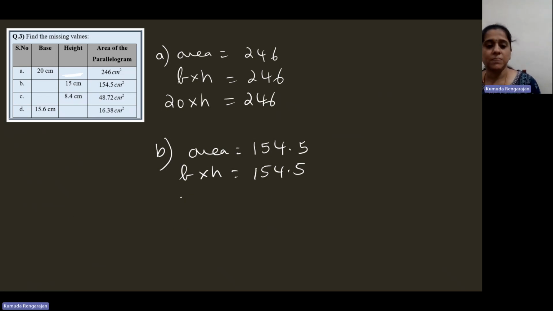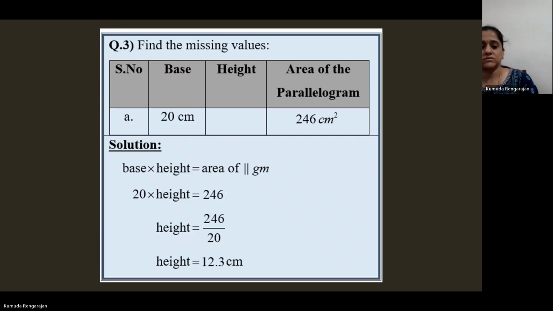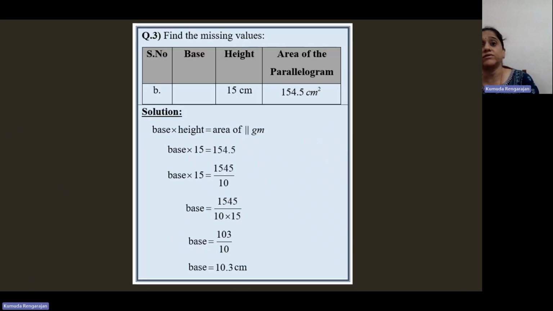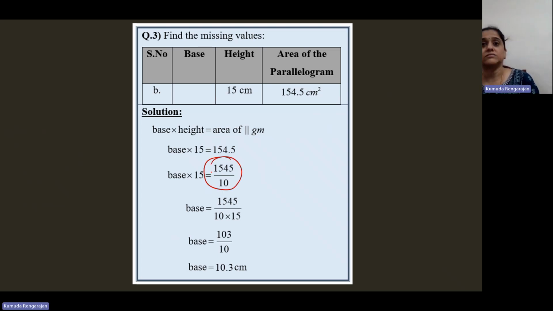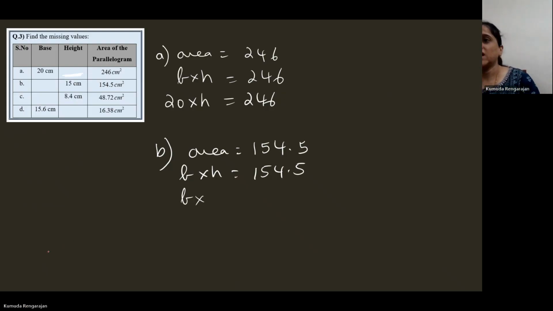Even I've done the same thing. I just left it to you. I didn't mention that because I wanted you to think and calculate correctly. That's how you're supposed to work.